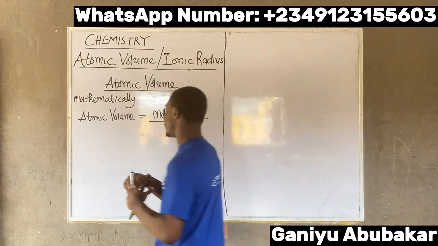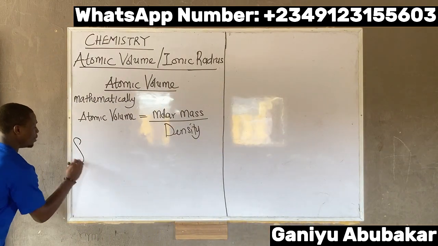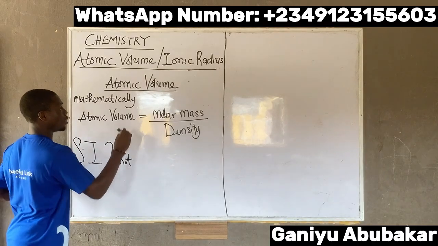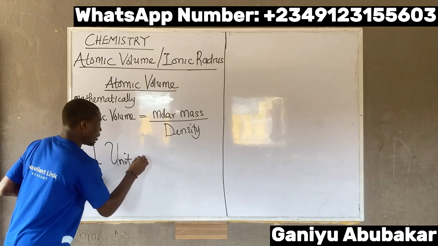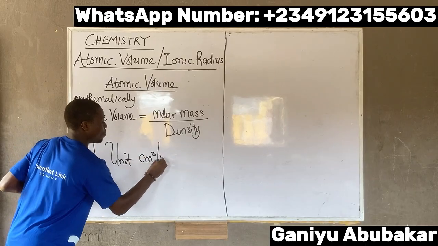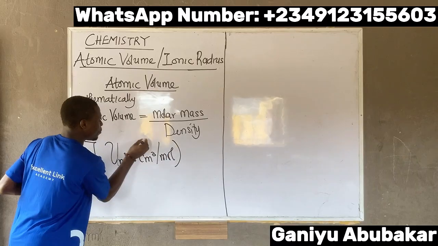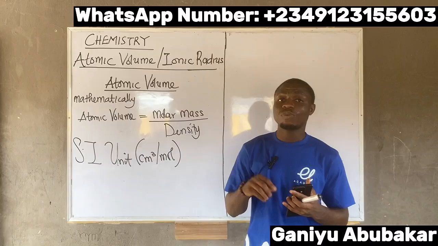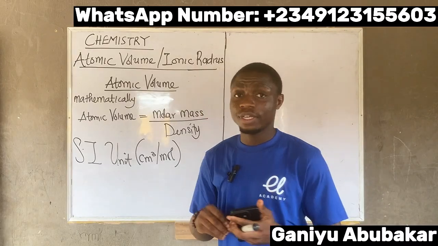Also know that the SI unit for atomic volume could be cm cubed per mole. Cm cubed per mole is one of the standard units used for atomic volume.